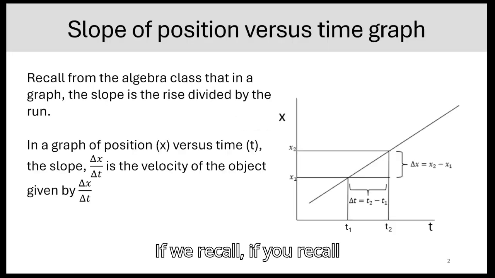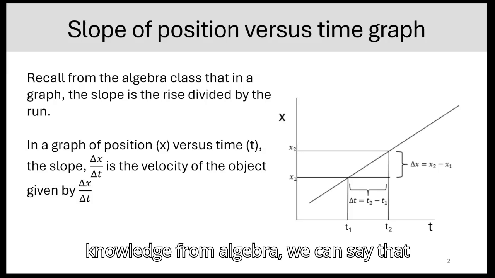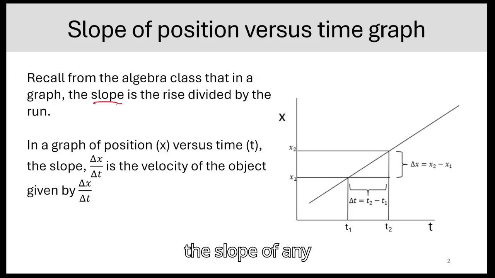If you recall the knowledge from algebra, we can say that the slope of any line or curve is the ratio of rise to run.